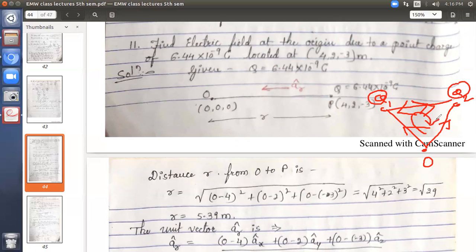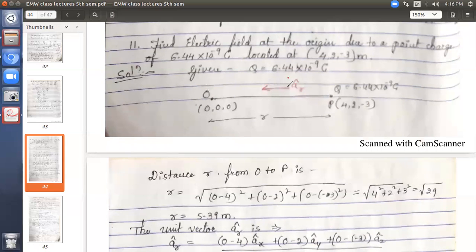Then we apply vector addition, then we decide whether it is r1 minus r2 or r2 minus r1. Instead of going through that, you can do this. Just take the arrow: where it starts it is I, where the arrow ends it is F. So take F minus I.